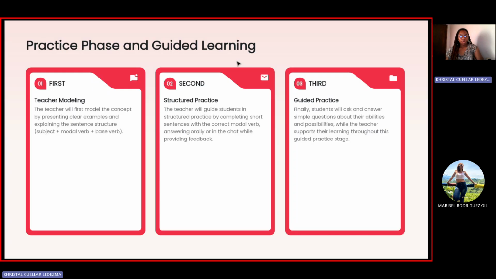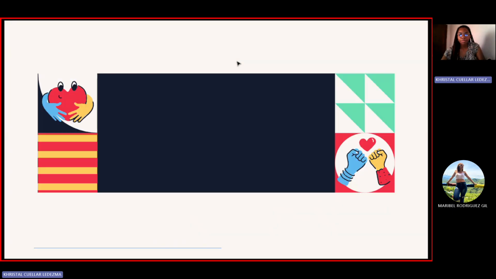In the structured practice, the teacher will guide the students by completing short sentences with the correct modal verb, answering orally or in the chat while providing feedback. And then, in guided practice, finally the students will ask and answer simple questions about their abilities and possibilities while the teacher supports their learning through this guided practice stage.